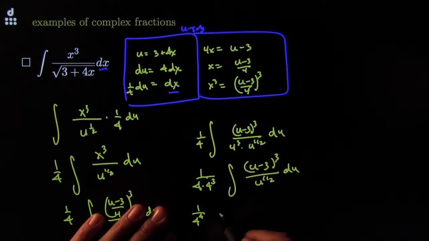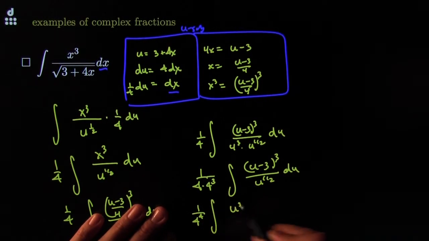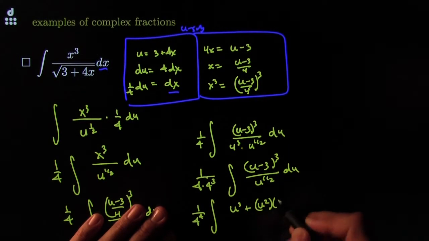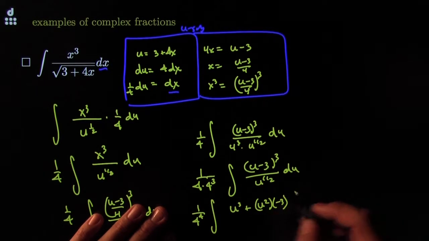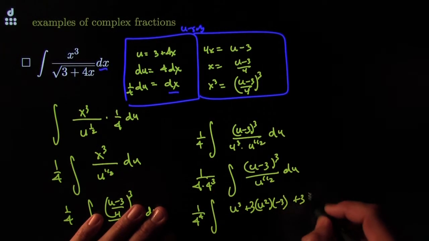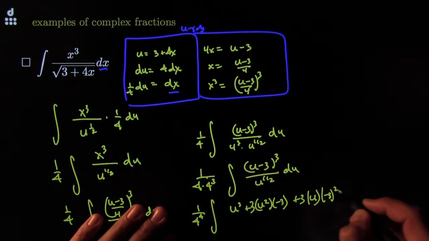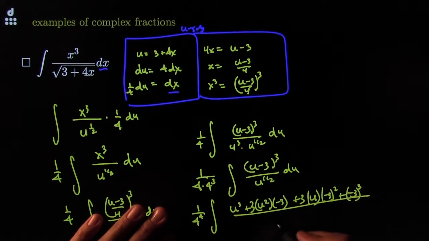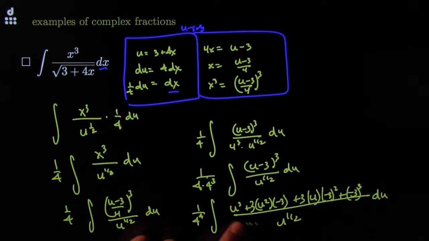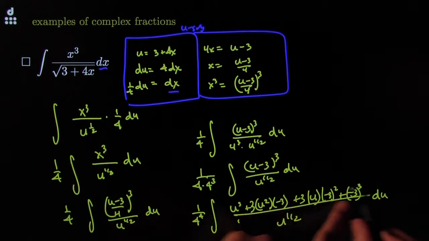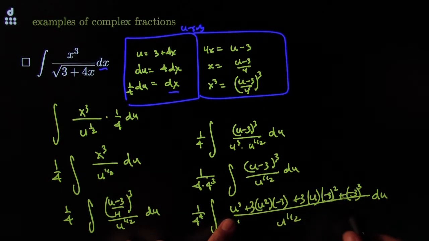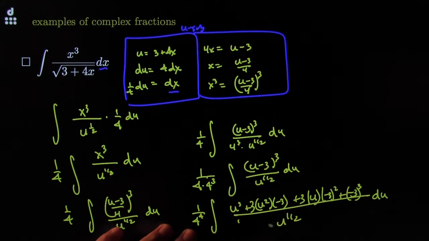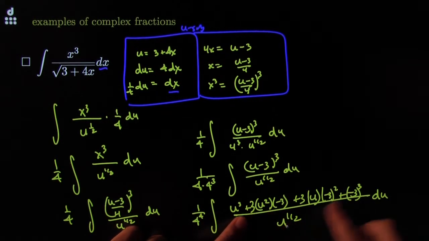This is 4 to the 4th integral of u to the third plus u squared times negative 3, times 3, plus 3 times u times negative 3 squared plus negative 3 to the third, all over u to the 1/2 du. I'm using my algebra skills to expand that binomial into a power of 3, or Pascal's triangle, or whatever you call that. And now I'm going to separate this into a bunch of little fractions.